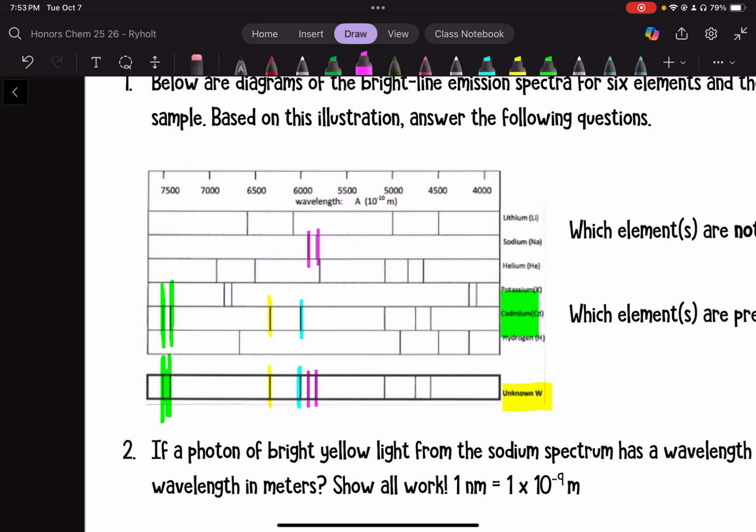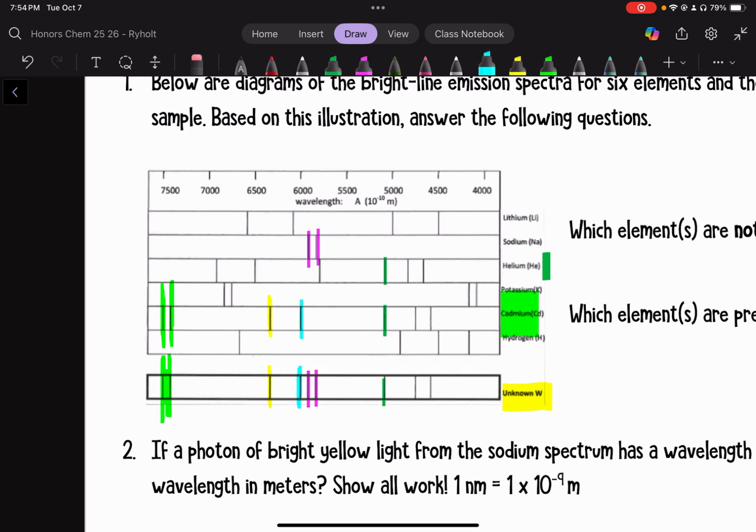We will keep going here. Let's do green again. I have green right here, and this one probably matches up, and maybe this one does too. But I know that helium is not part of my unknown sample because all of helium's fingerprints, the lines on this emission spectrum, are not present.